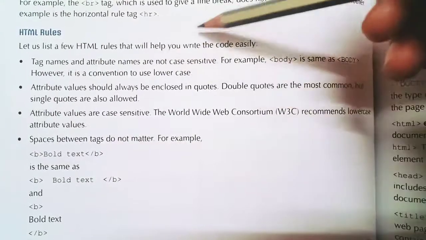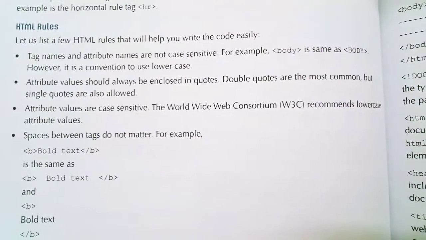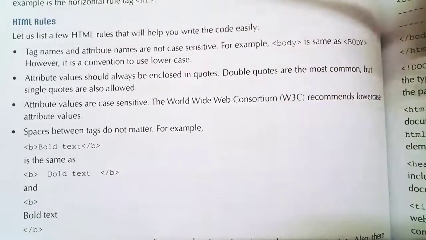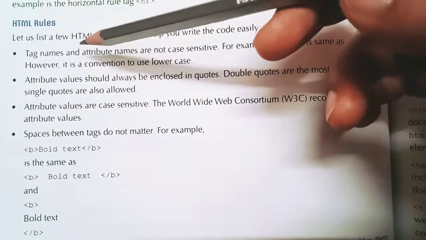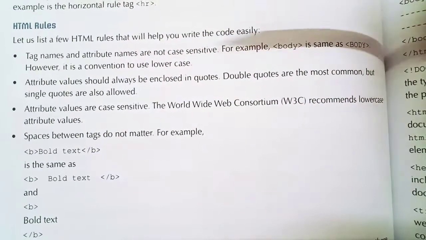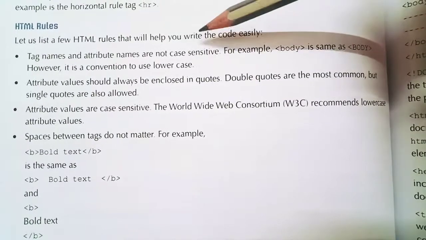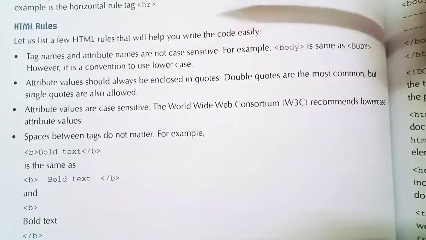Now the next topic is HTML rules. There are rules given to help us write the code easily, and correctly. First point is tag names and attribute names are not case sensitive. Understood? Case sensitive means small letter or capital letter. So it does not depend on the letters.